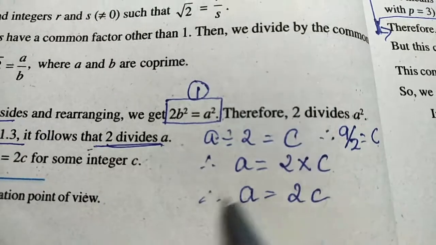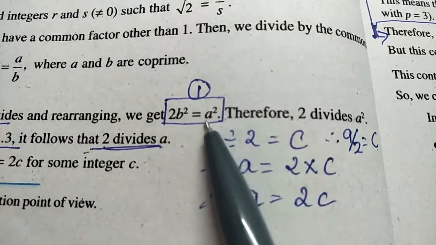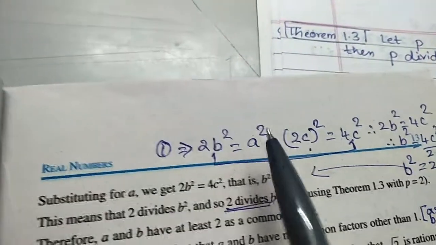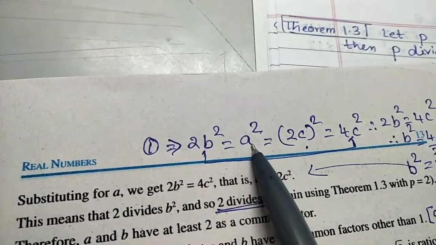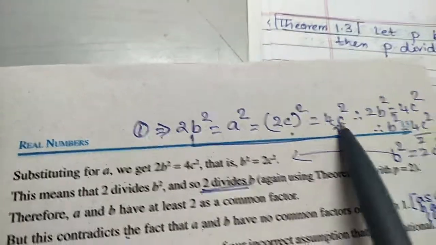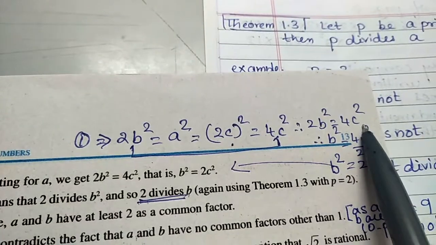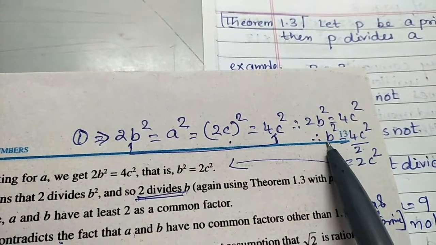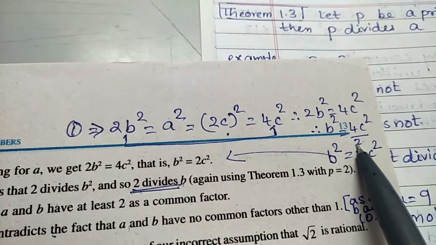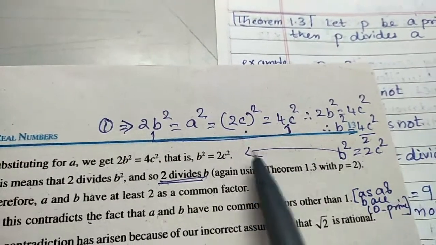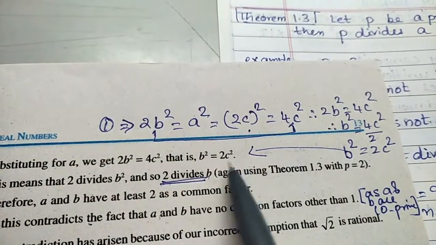Now this value of a equal to 2c you have to put here. So instead of a square you put 2c square, you get 4c square. So 2b square is equal to 4c square. That means b square is equal to 4c square upon 2. So b square is equal to 2c square.